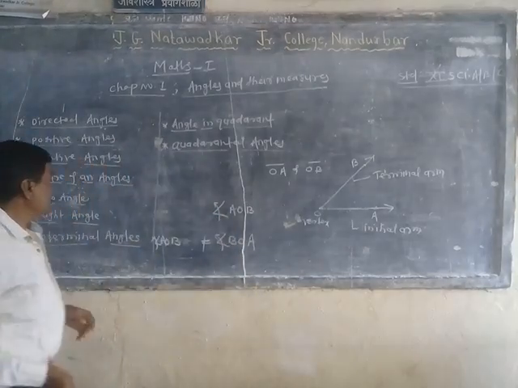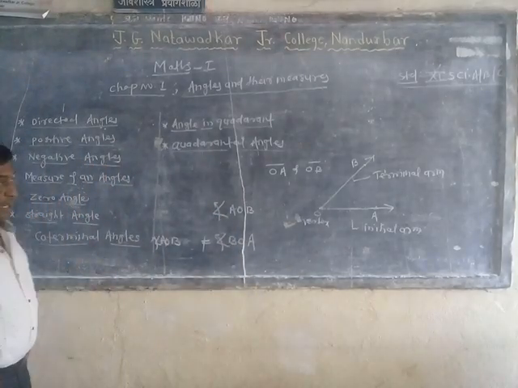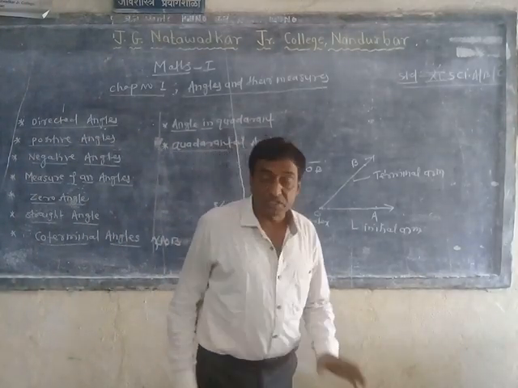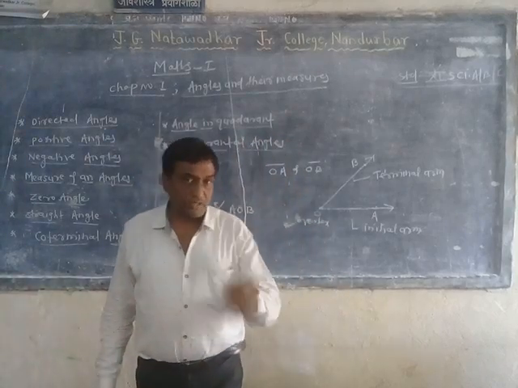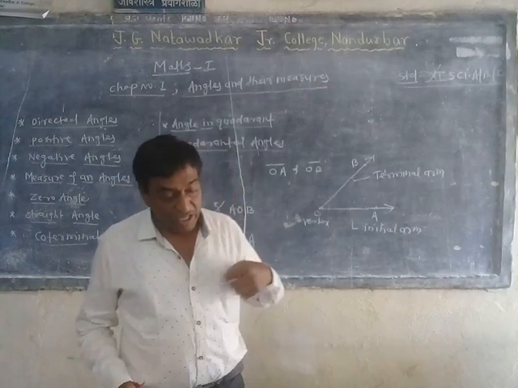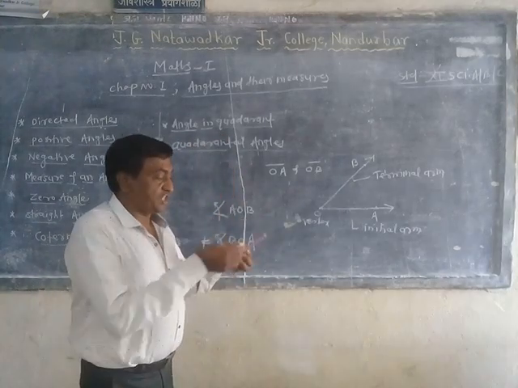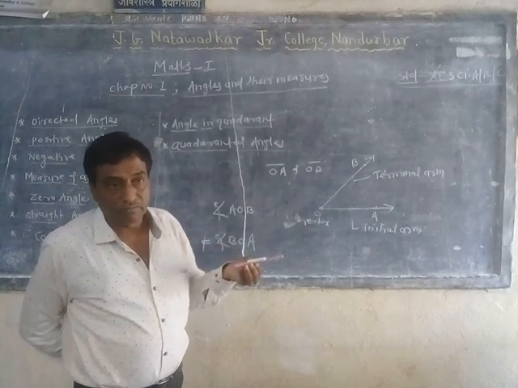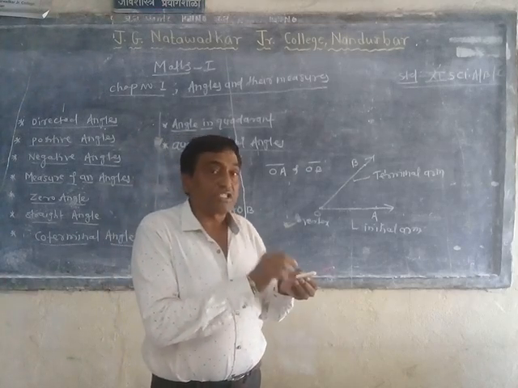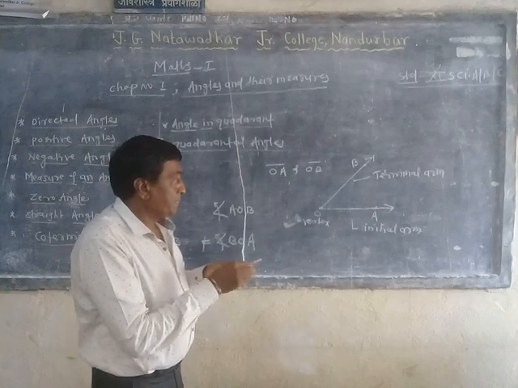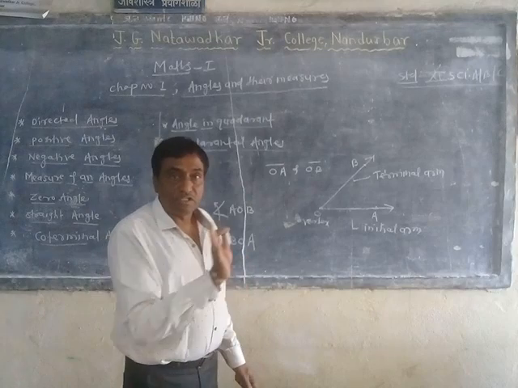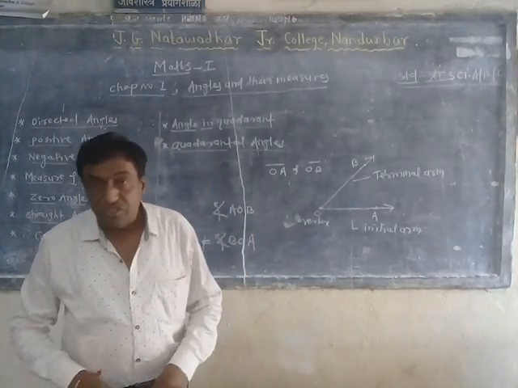After this, the next article is the zero angle. There are two types of situation. The first is that there is no rotation between the initial arm and terminal arm, meaning they lie exactly along the same line, that is, they coincide. If both rays lie along the same line and have the same direction, then that angle is called a zero angle.